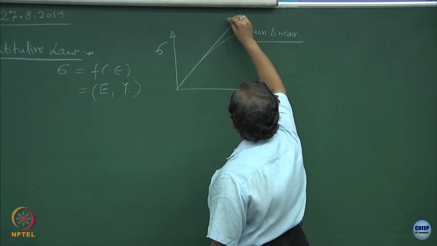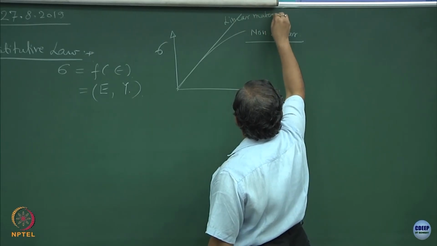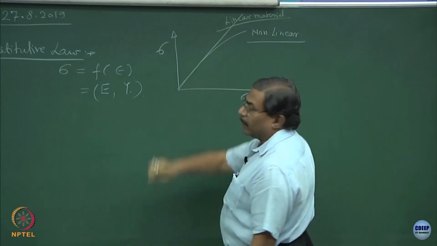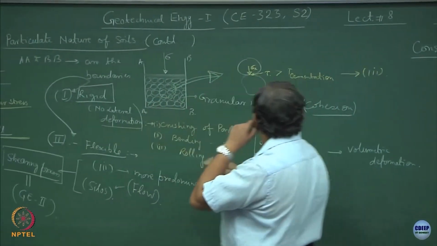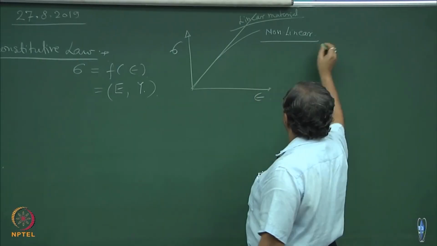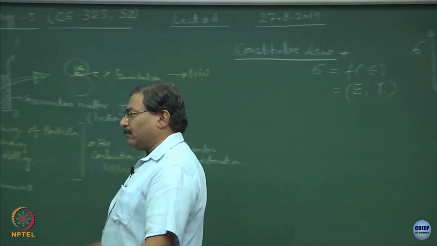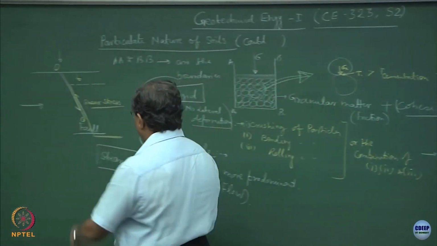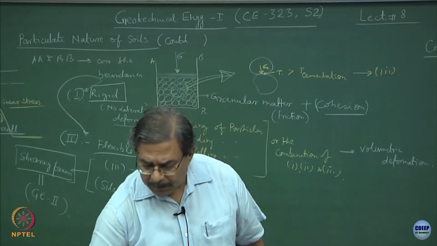This is a linear material as far as the stress strain properties are concerned, okay. By virtue of all these particulate systems, the material behaves as nonlinear, and hence it becomes very difficult to determine the stress strain relationship, though there are several tests which we will be talking about again in the realm of shear strength theory, alright.